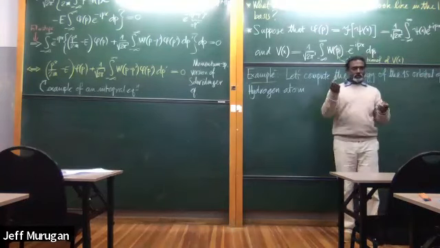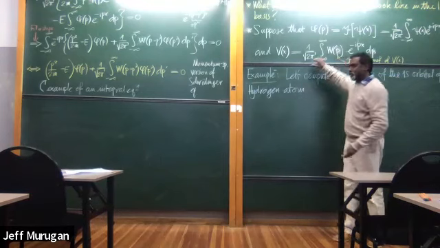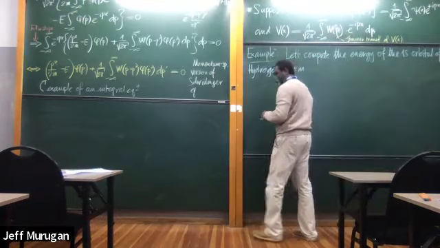So the electron is held in orbit around the proton by the Coulomb force.